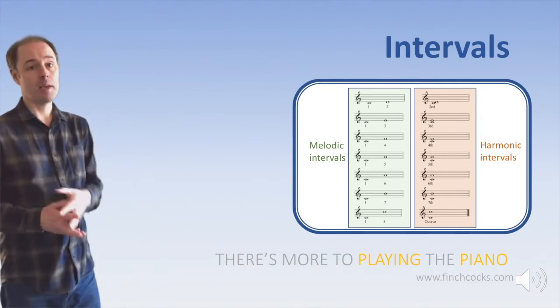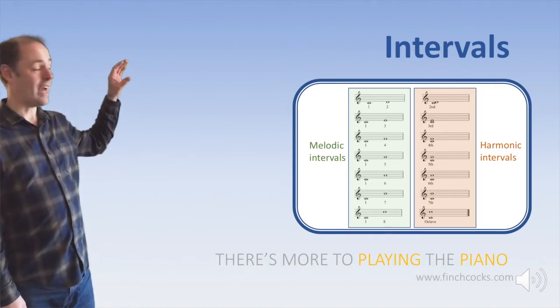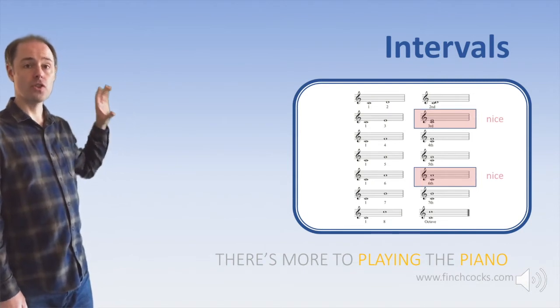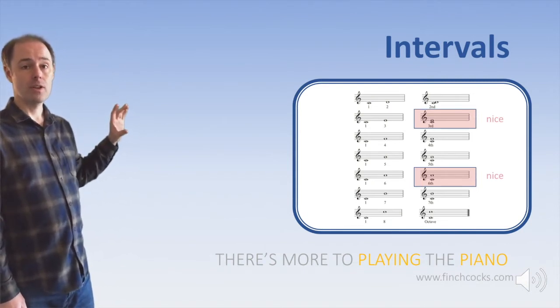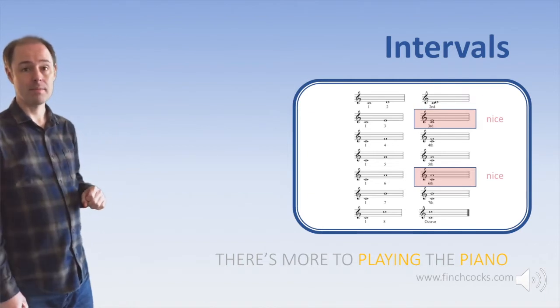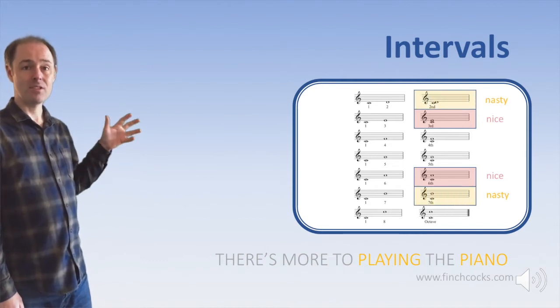Now, if you go to your piano and play some of these intervals together, you'll discover that the third and the sixth sound really nice. We call them consonant intervals, and composers use them all the time when they want music to sound nice. The second and the seventh sound really nasty.